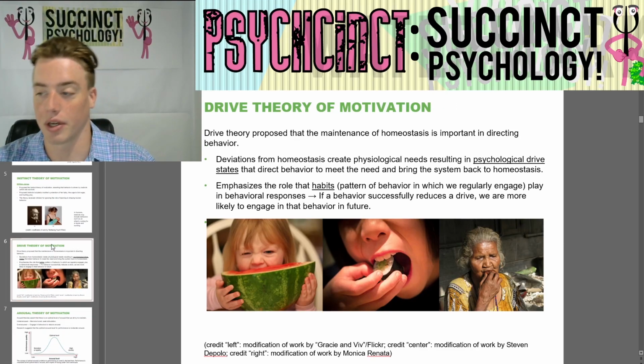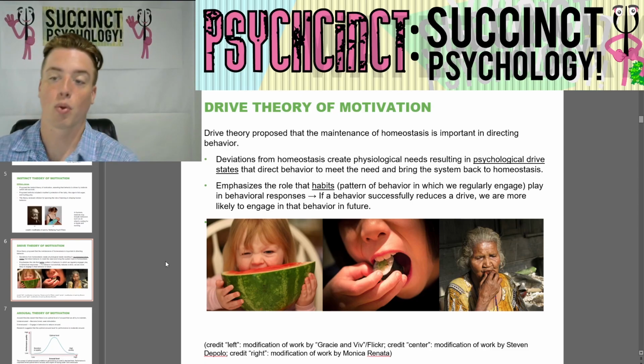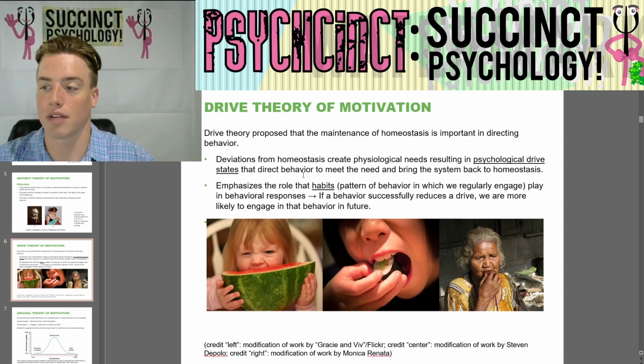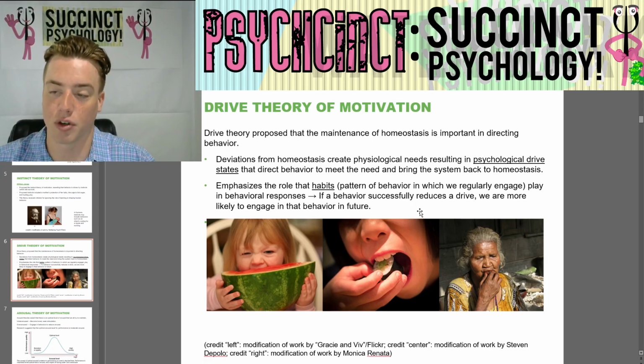Now, the drive theory of motivation. Drive theory proposed that the maintenance of homeostasis is important in directing behavior. Deviations from homeostasis create physiological needs, resulting in psychological drive states that direct behavior to meet the need and bring the system back to homeostasis. It emphasizes the role that habits, patterns of behavior in which we regularly engage, play in behavioral responses.